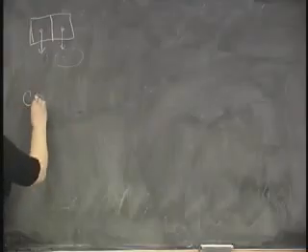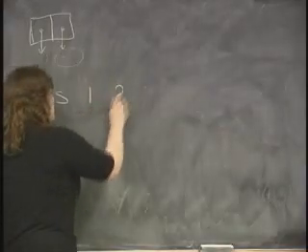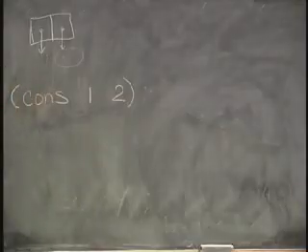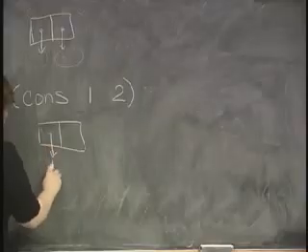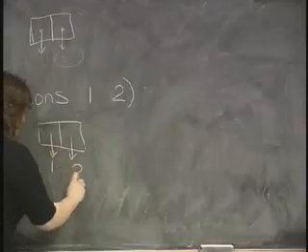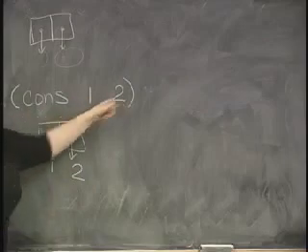So how do we build a pair? In Scheme, we use cons. Cons makes a pair. So if we were to say cons 1, 2, this is going to build a pair 1, 2. The first cell points to the first element, the second to the second one.